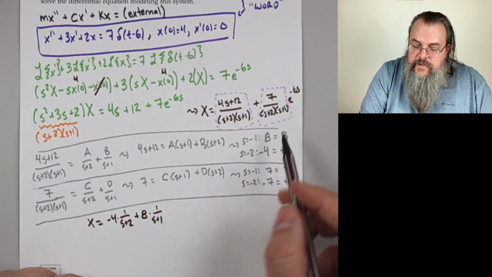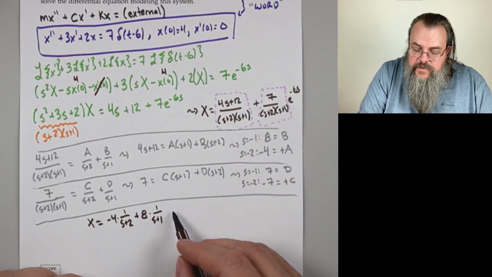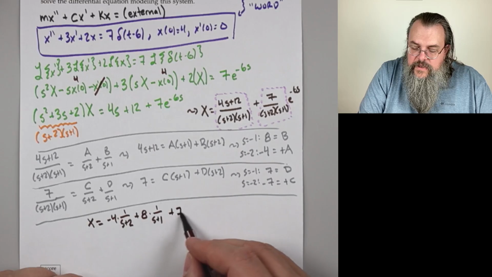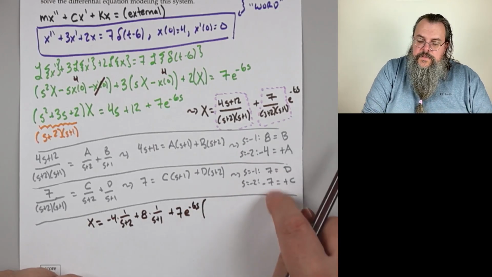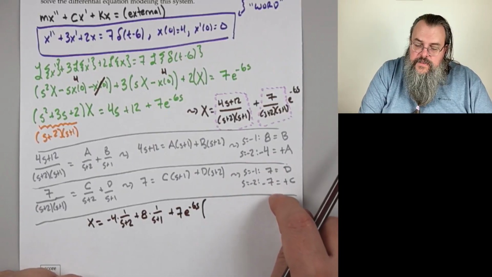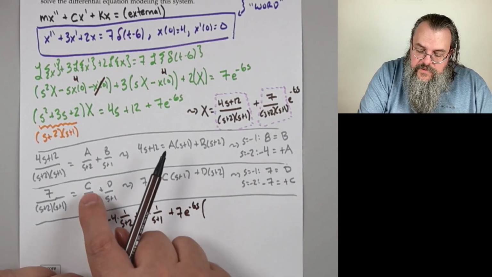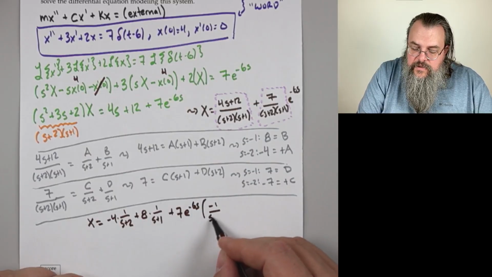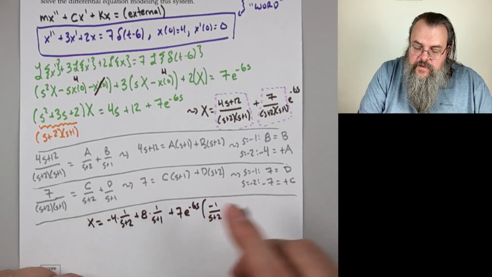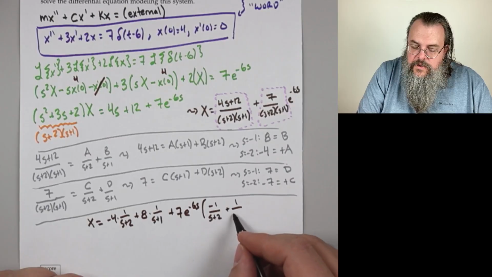And then we have that 7. Well, of course, I can just pull the 7 out, and we have that e to the -6s. And then when we pulled out 7, because both c and d have 7, what's left? Well, we have c, which is a -1 over s plus 2, and d is a +1 over s plus 1.